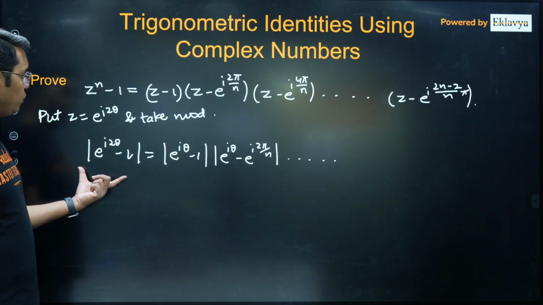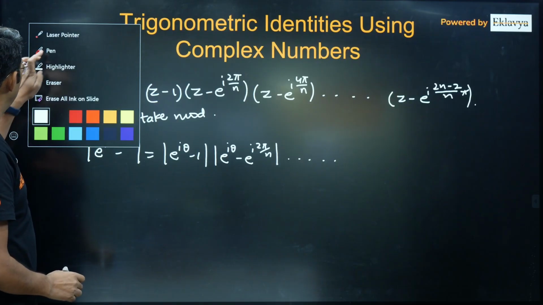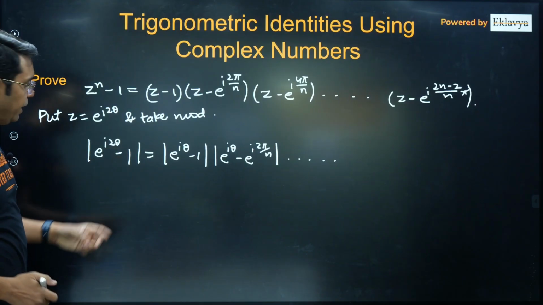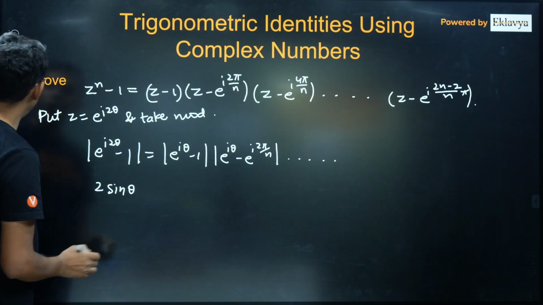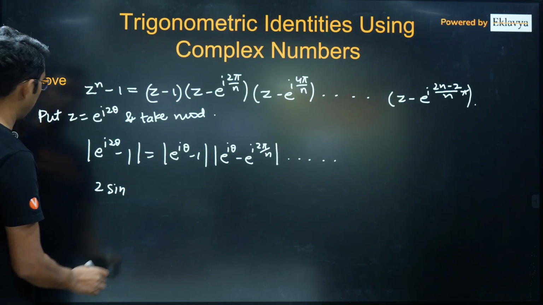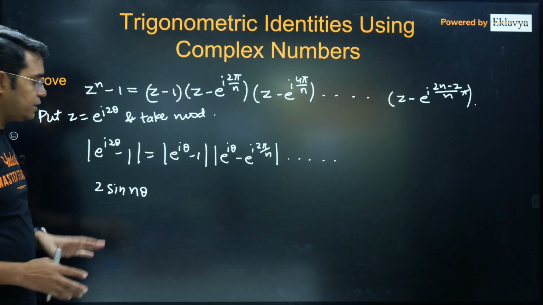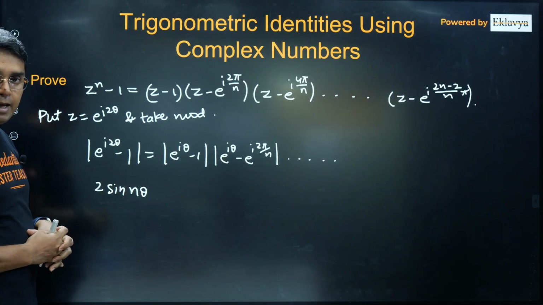Okay, I think I have told you already how this mod is written. This e power iota 2 theta minus 1 will be 2 sine theta. Sorry, 2 sine n theta actually. I have told you already. If you are having any confusion, just write this as cos plus iota sine. You will get 2 sine n theta as the mod.